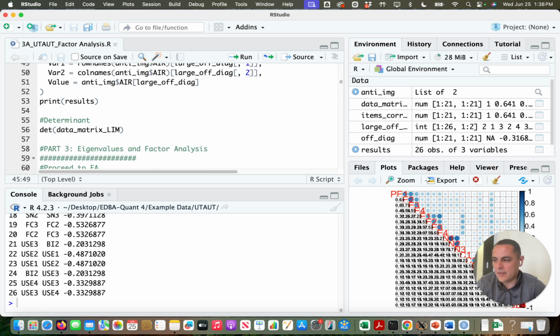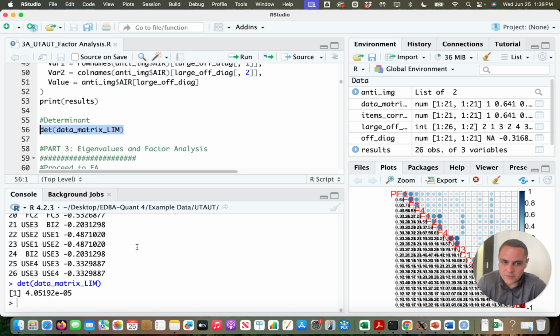And the last thing we'll look at is the determinant of the correlation matrix. And that is really, really small. So the rule of thumb, though, is that if that's over 0.00001, with four zeros after the decimal point, we should be okay, right? So we're going to be okay here with the determinant. This is actually scientific notation, so you can go about 5 places to the left here.